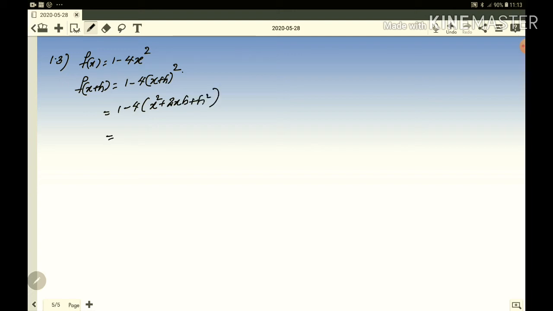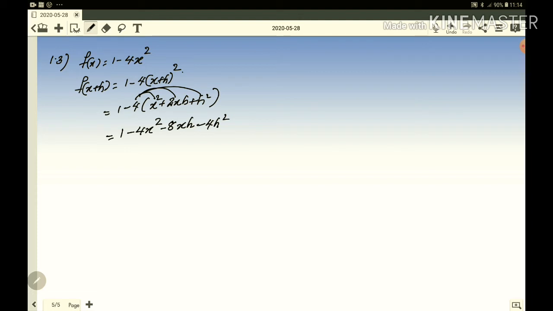I didn't remove the bracket because minus 4 is there outside. 1 minus 4 times minus 4 is going to multiply 3 terms, that is minus 4x square minus 8xh minus 4h square. So this is our f of x plus h.